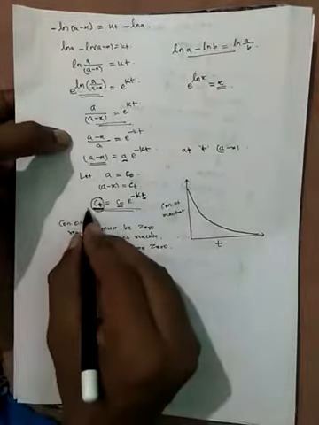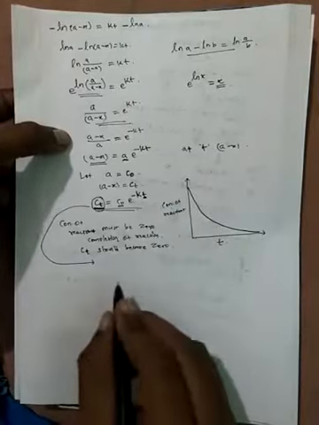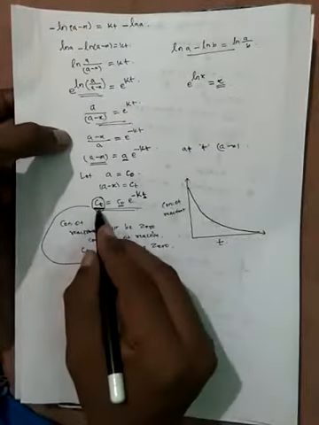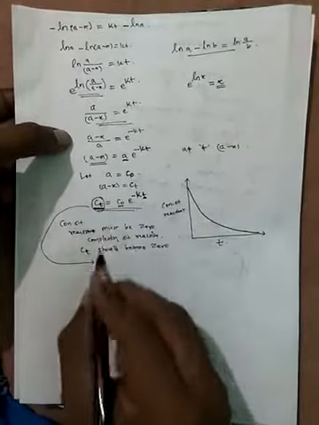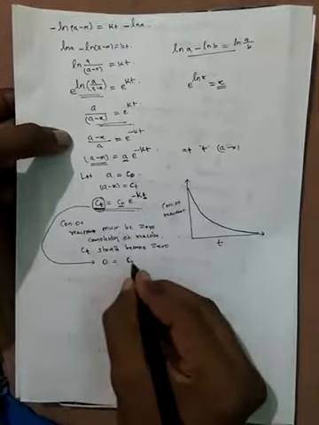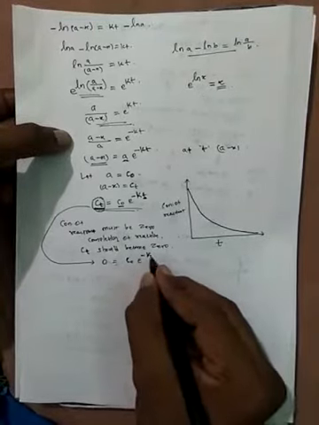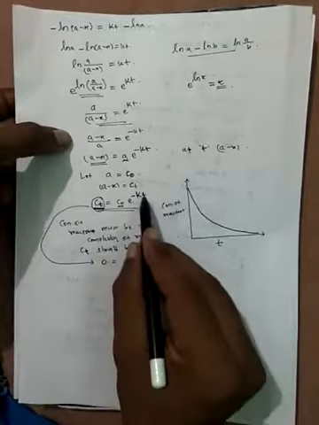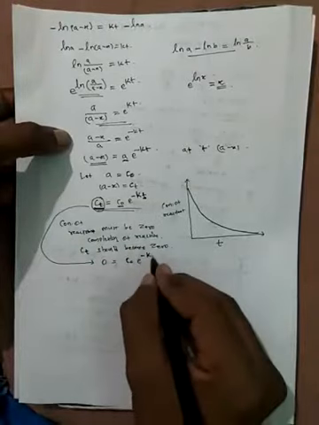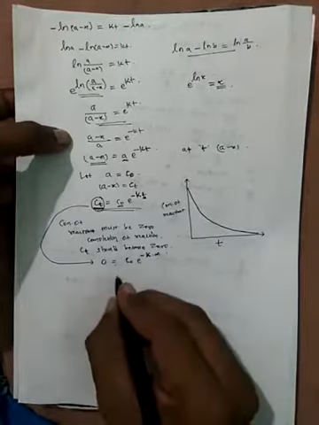Okay, let me analyze, is it possible or not? Then the Ct value must be 0, equal to C0 e power minus kt. Let me substitute time infinite. You'll understand why.